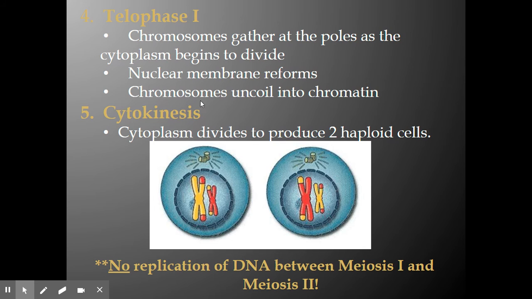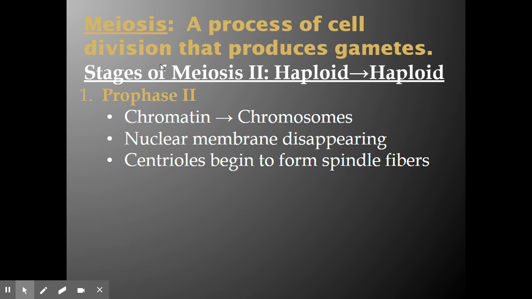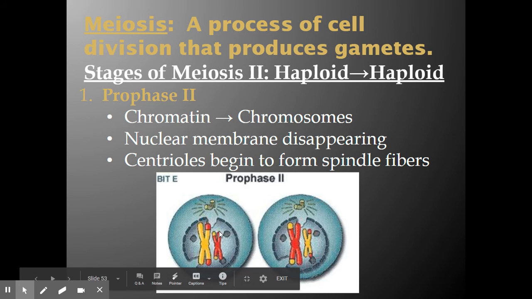My bad. Your chromosomes uncoil into chromatin as your cytokinesis happens. Sorry. In prophase 2, your chromatin becomes chromosomes again. Your nuclear membrane disappears just like it normally does, and you get centrioles forming just like they normally do. Okay? So it almost looks like two individual cells going through mitosis at this point.